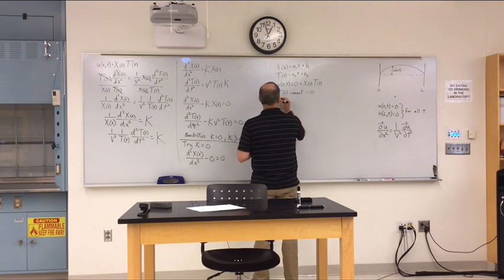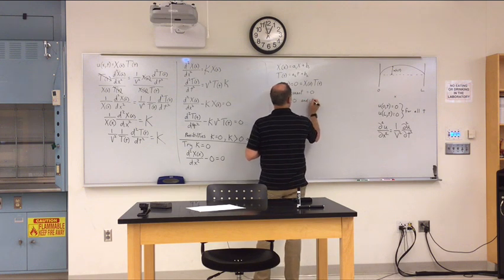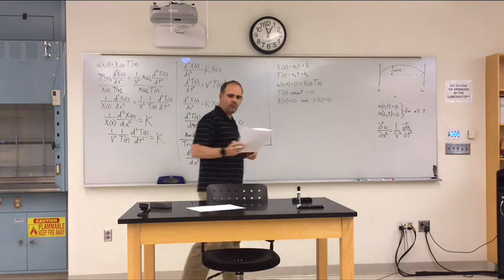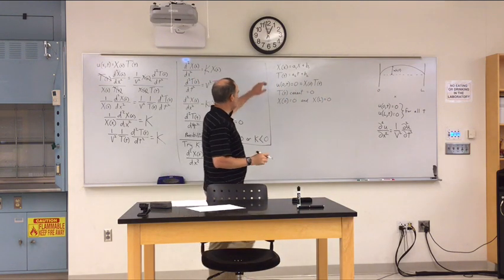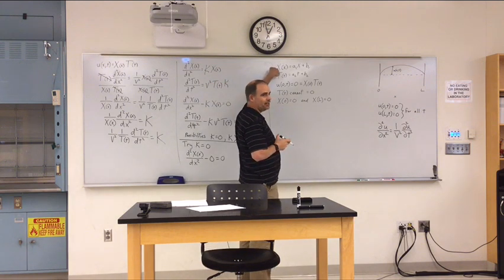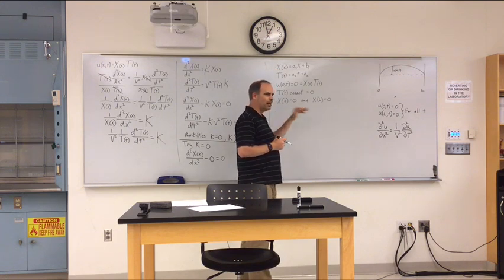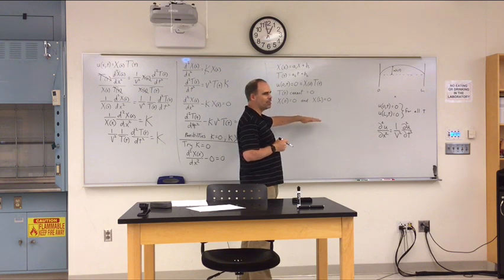So, from our boundary conditions, that means that X of 0 has to equal 0, and X of L has to equal 0. The equation that we have for X here is a line. The only way a line is going to equal 0 at two locations is if it's horizontal and sitting on the axis.